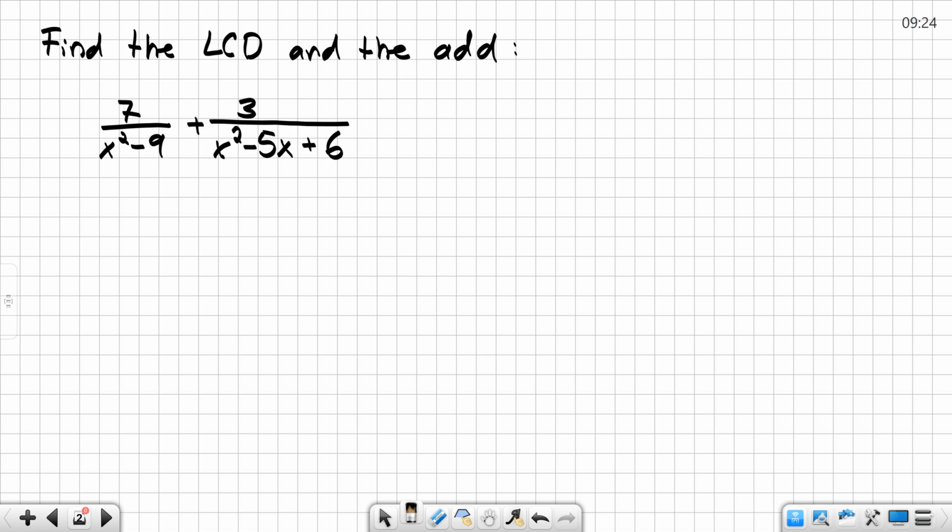So let's apply this for rational expressions. It is the exact same idea. I see 2 denominators, x squared minus 9, and a longer one, x squared minus 5x plus 6. So the very first thing that I will also do is look at these denominators and factor them.